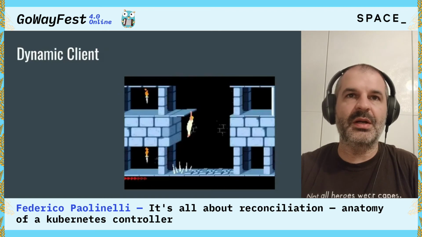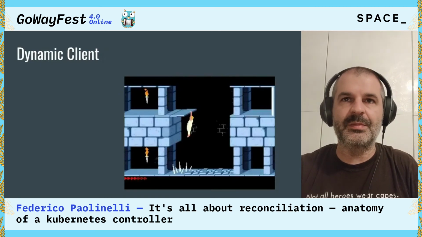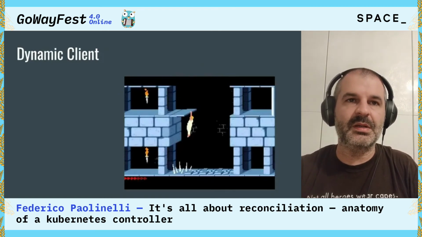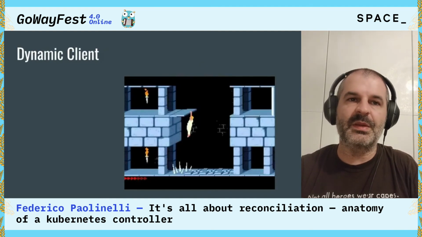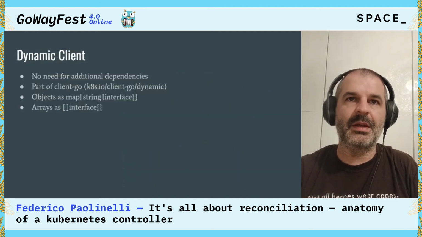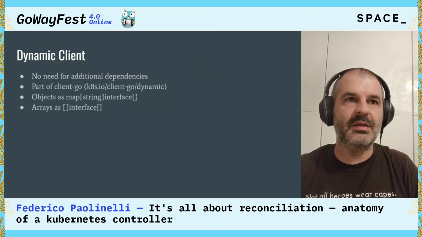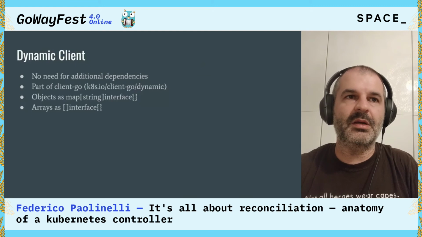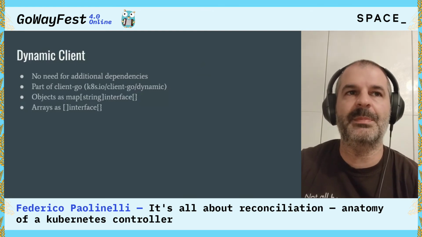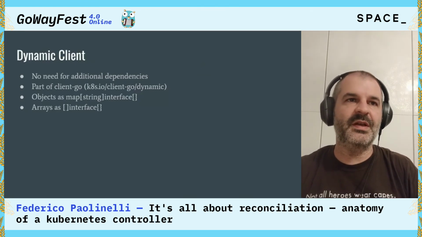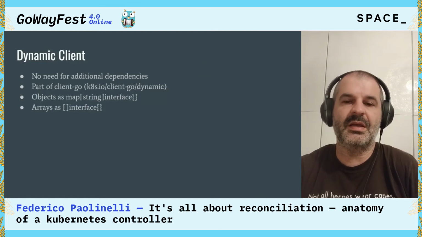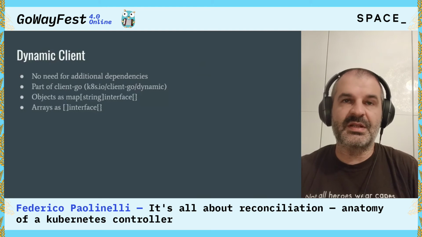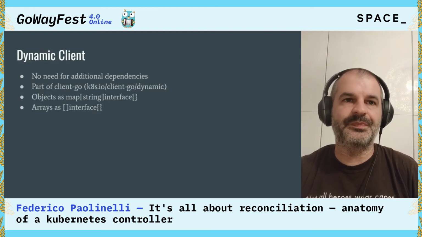By using that, we are giving up all the safety net provided by type safety, but it has some advantages. By using the dynamic client, you are not adding new dependencies, but objects are all maps between string and interface, and arrays are all slices of interfaces. It's like writing JavaScript. Nobody wants to write JavaScript, but it is what it is.